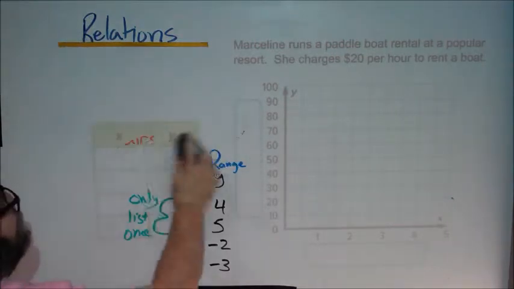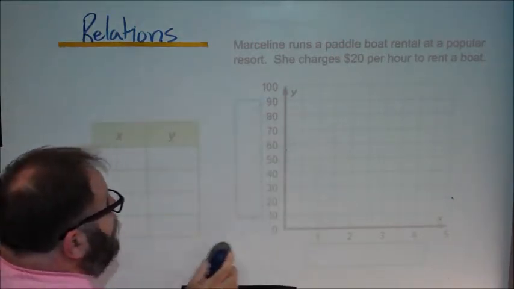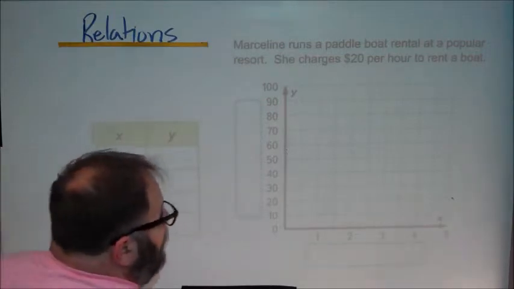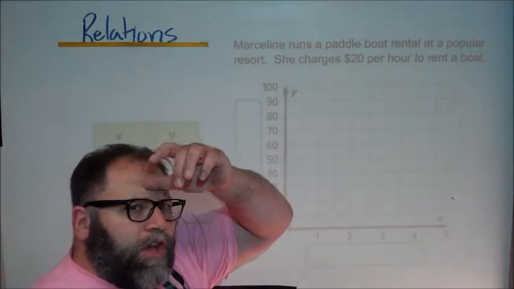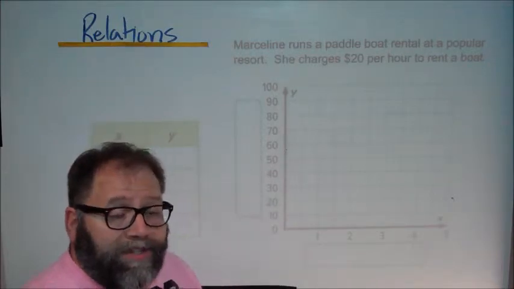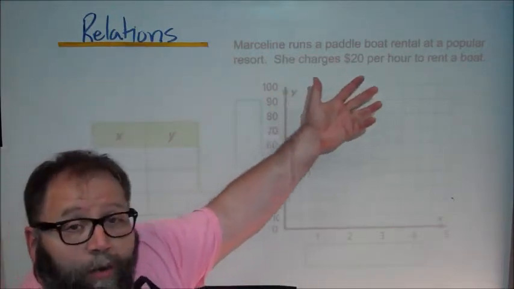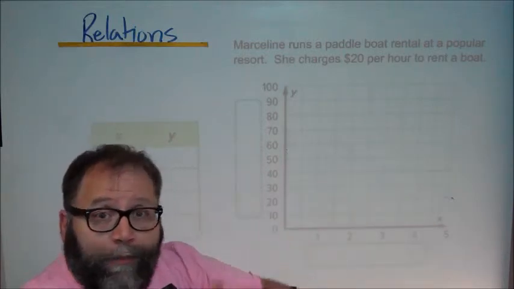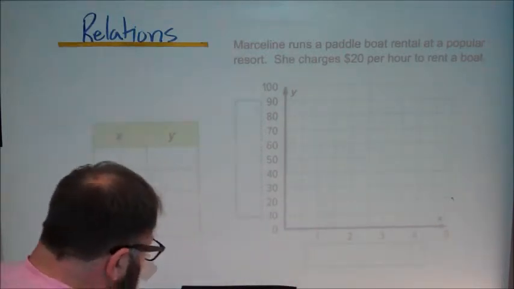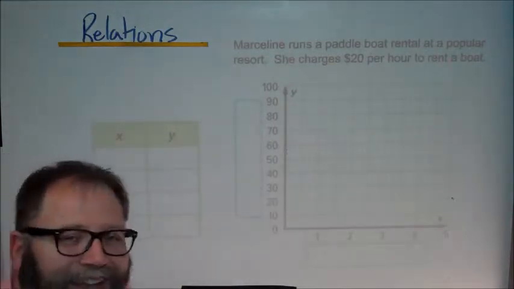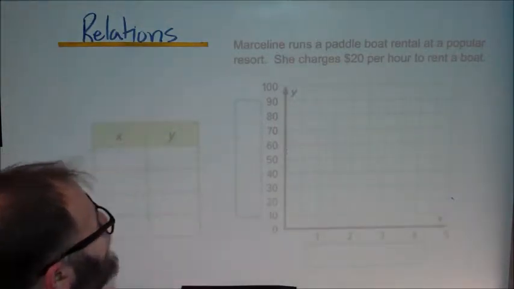Marceline runs a paddle boat rental at a popular resort. She charges $20 per hour to rent the boat. So going off of representing relationships, we need an equation. And once we have the equation, then we can build out our inputs and outputs, our independent variables and dependent variables.